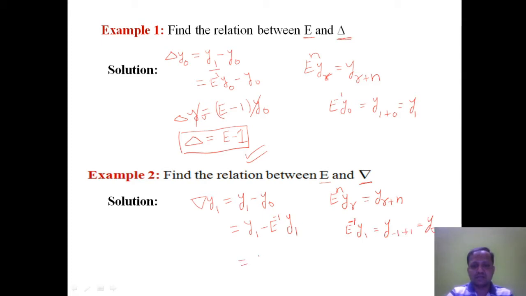Now you can take y1 common: 1 minus E power minus 1 times y1. Here y1 you can cancel out. The remaining is nabla, the backward difference operator: nabla equal to 1 minus E power minus 1. We derived the relation between nabla and the shift operator E.